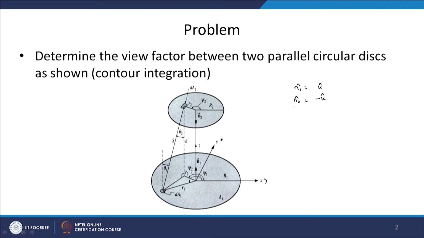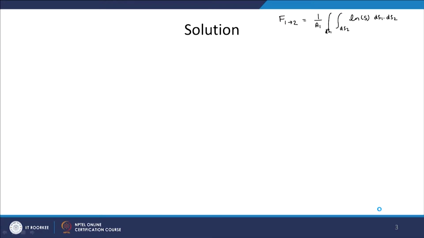Now, with this notation, because the two normal vectors are pointing in opposite directions, the azimuthal angle, the way it is measured, psi 1 will vary from 0 to 2 pi, while psi 2 will vary from 0 to minus 2 pi. It is just a bookkeeping thing.